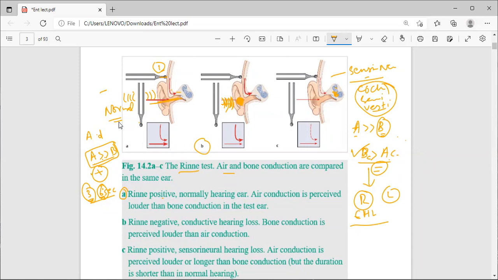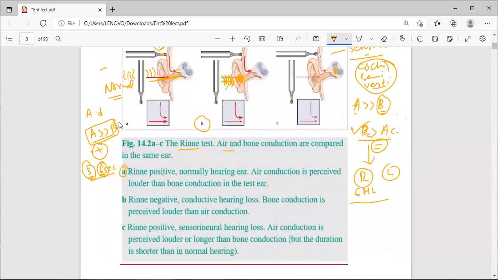If this patient has a sensory neural hearing loss, he will perceive the sound through bone conduction as well as through air conduction. But how will you differentiate it from the normal? Normal is air conduction double the duration of the bone conduction. But here, because there is sensory neural hearing loss, the patient will have AC greater than bone conduction, but not double.